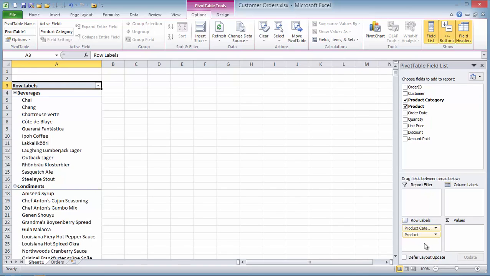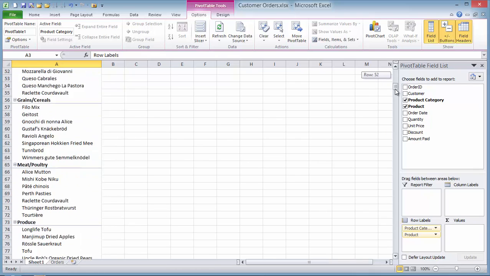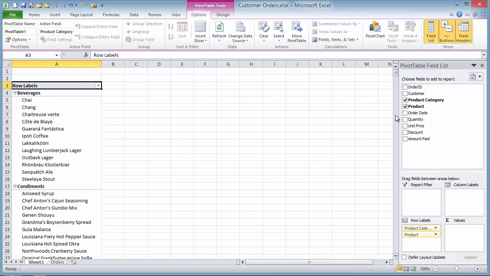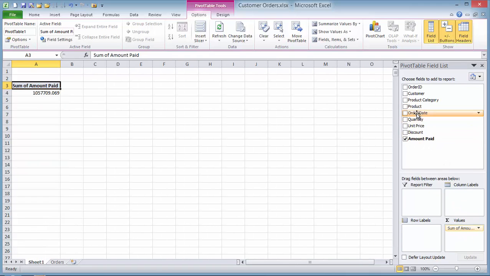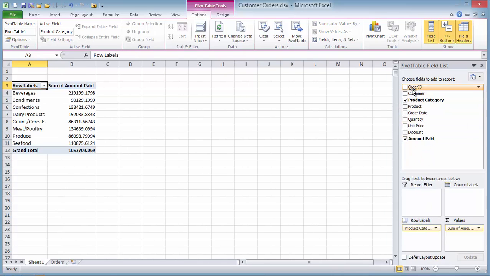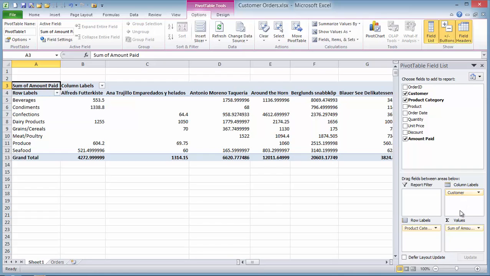There's a list of products broken down by product category, such as beverages or condiments. There's the numerical breakdown, and here's a chart.